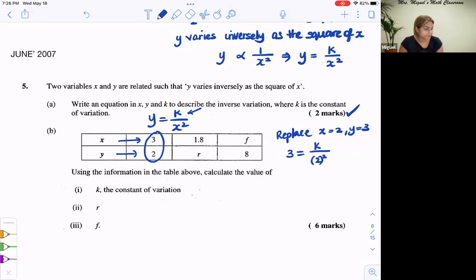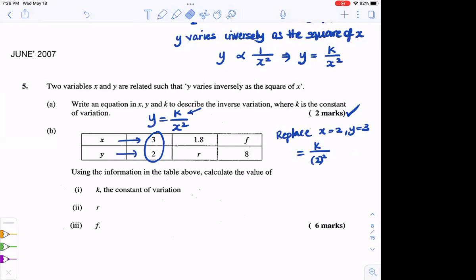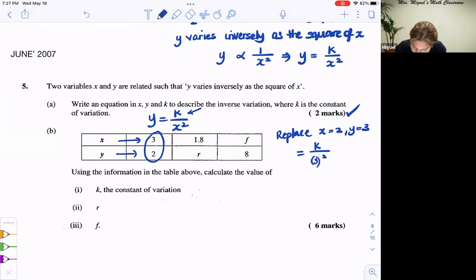So go ahead, work out k. x is 2 and y is 3. Yeah, that's correct.